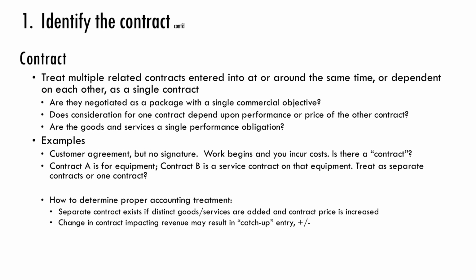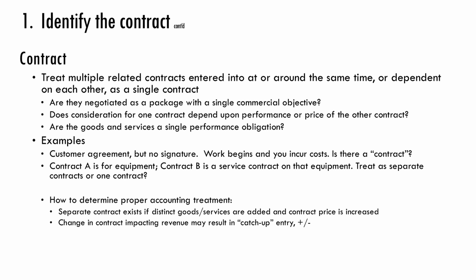If you have multiple related contracts that are entered into at or around the same time, or if one contract is dependent on another, then according to 606, you treat them as a single contract. An example of that might be something that is negotiated as a package. So maybe it's something like a hardware-software deal.